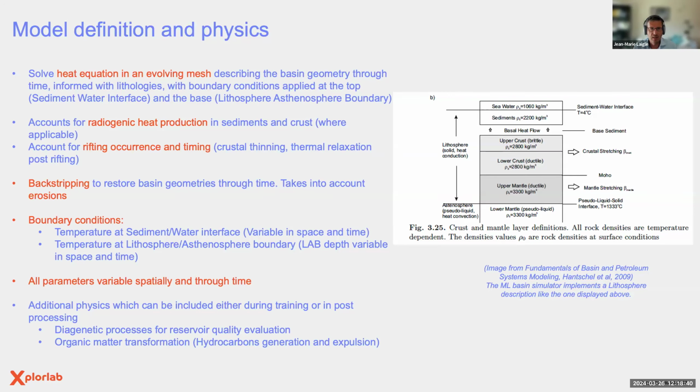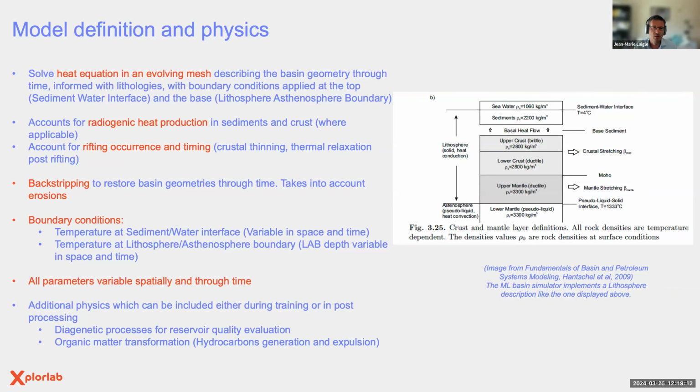So talking about here the solution for the heat equation, that's the solve of the heat equation in an evolving mesh, which describes the basin geometry through time, which is informed with lithologies, boundary condition, and a full lithosphere model, down to the lithosphere-asthenosphere boundary. It accounts for radiogenic heat production in the sediment and the crust. It accounts for the possibility of rifting and the timing with the McKenzie model.